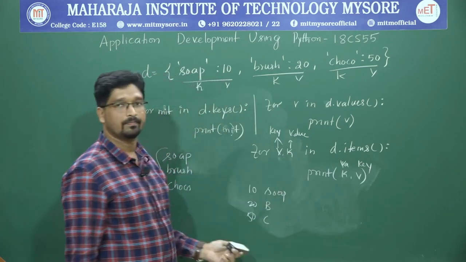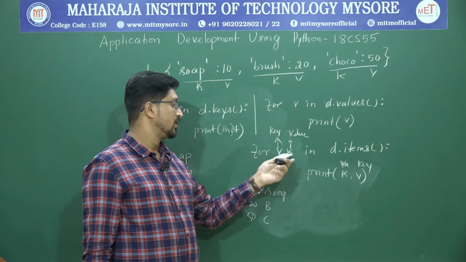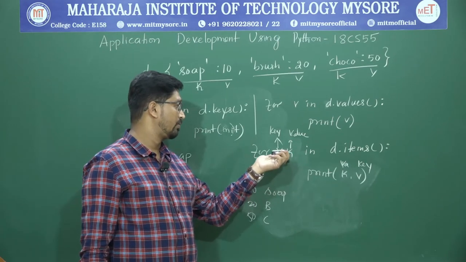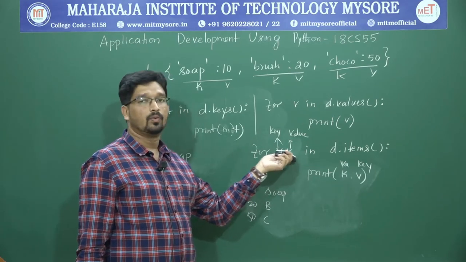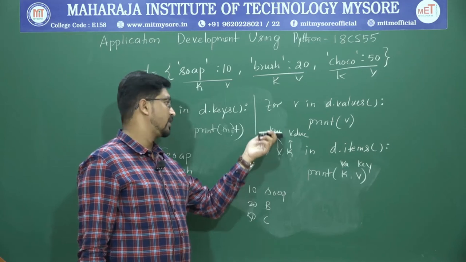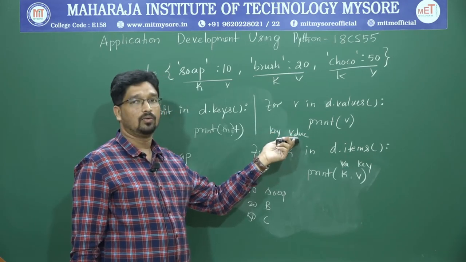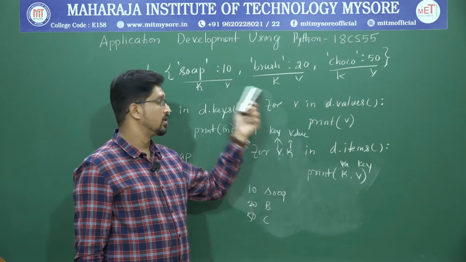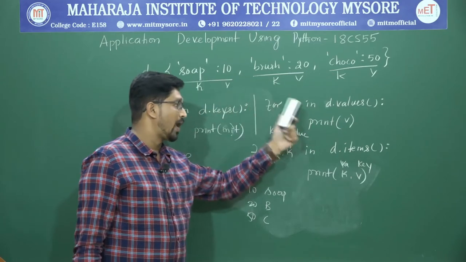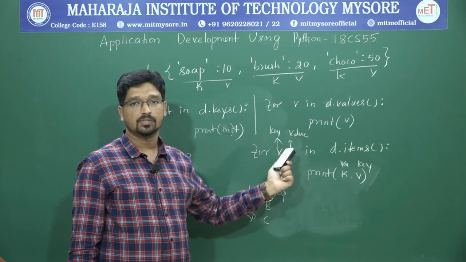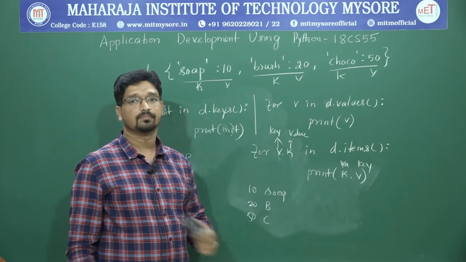Even though you have interchanged and taken v k, v stands for not value, it is a key, and k stands for value. This is how you access keys, values and items in the dictionary.